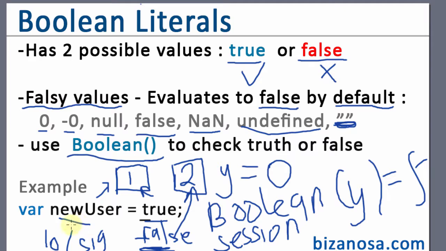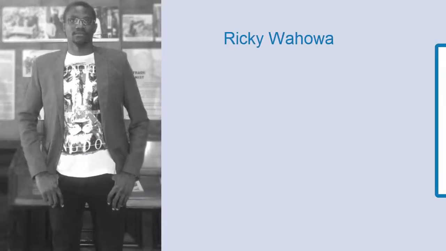So this is just something that I wanted to share with you so that you can see maybe where you can use the Boolean literal. So that's a literal Boolean value which only has 2 possible values of true or false. That's it for Boolean literals. I'll see you in the next video when we continue with other literals.